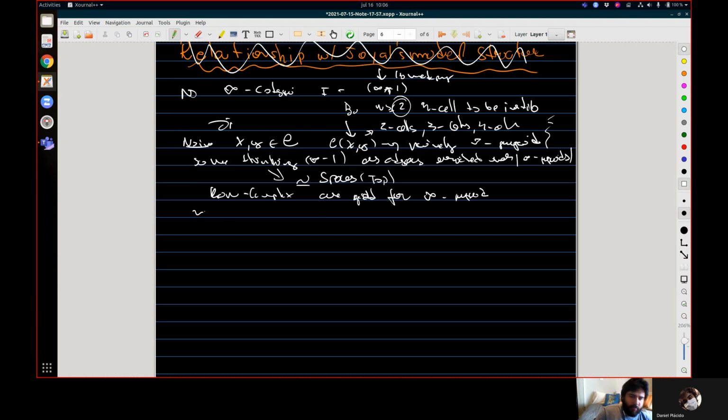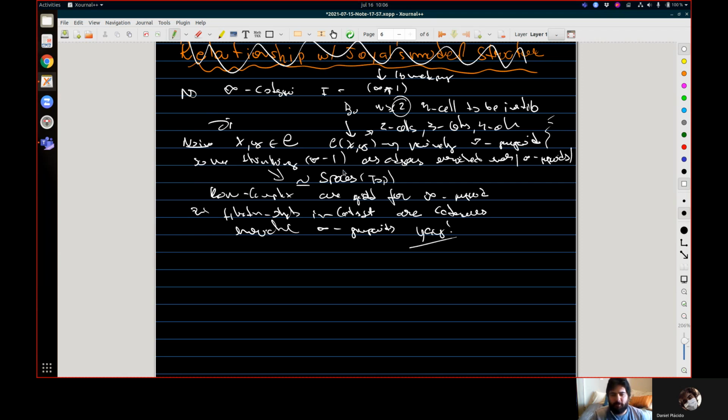So what is it saying? That the fibrant cofibrant objects in Cat sSet are categories enriched over infinity groupoids. So, yay, we have something that we wanted to be true, and it is true.